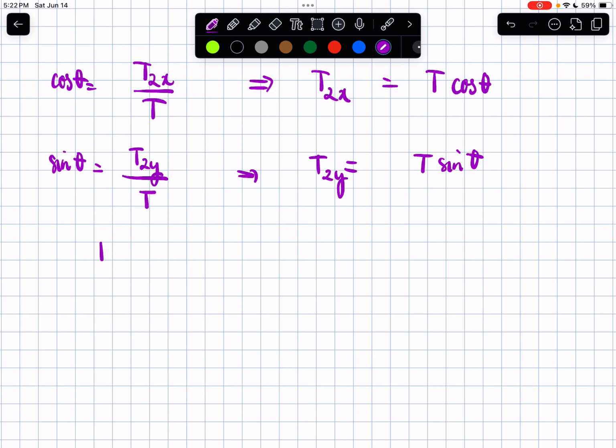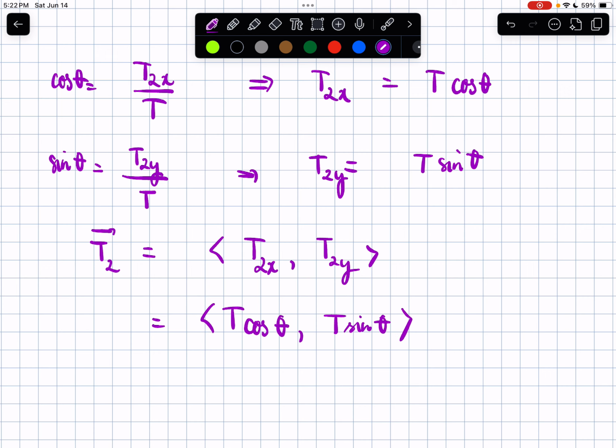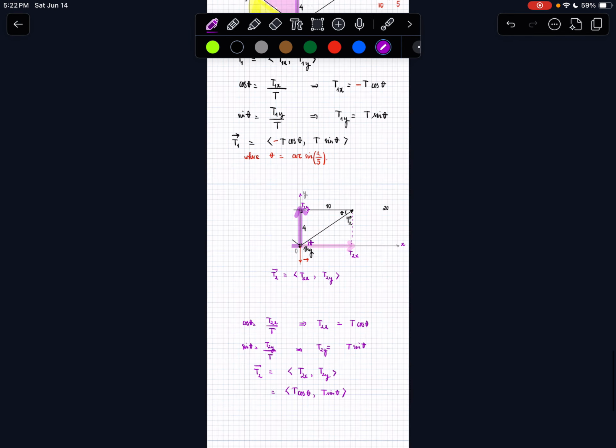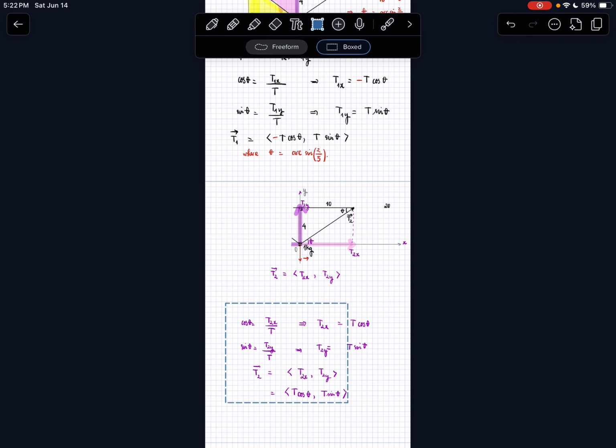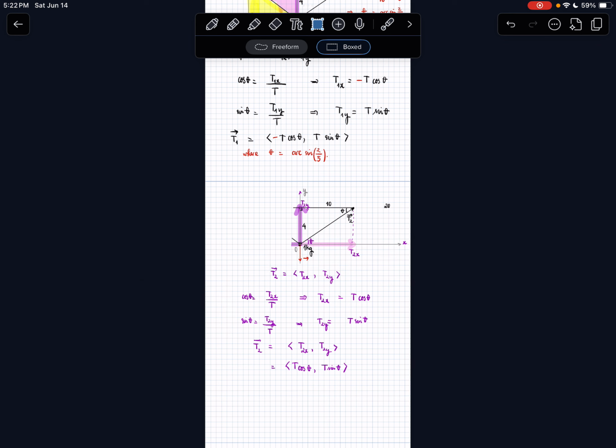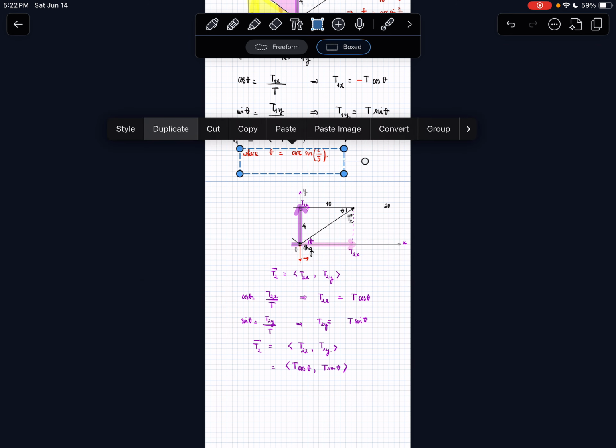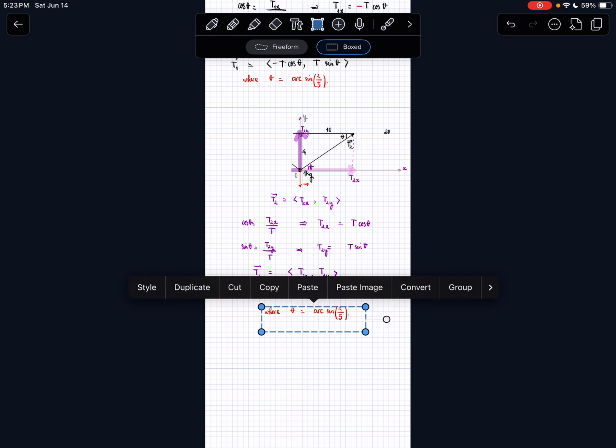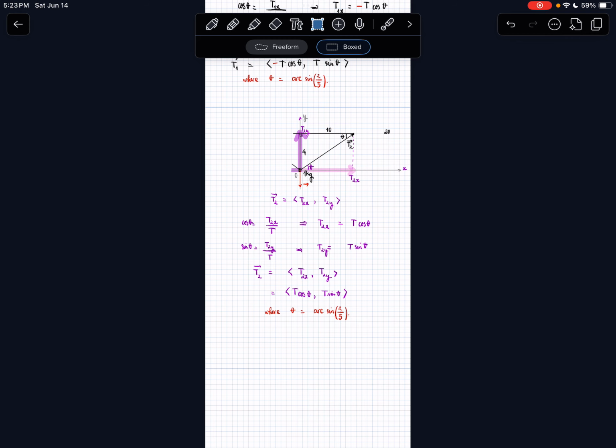So vector T2 is T cosine theta, T sine theta, where theta is given by this.